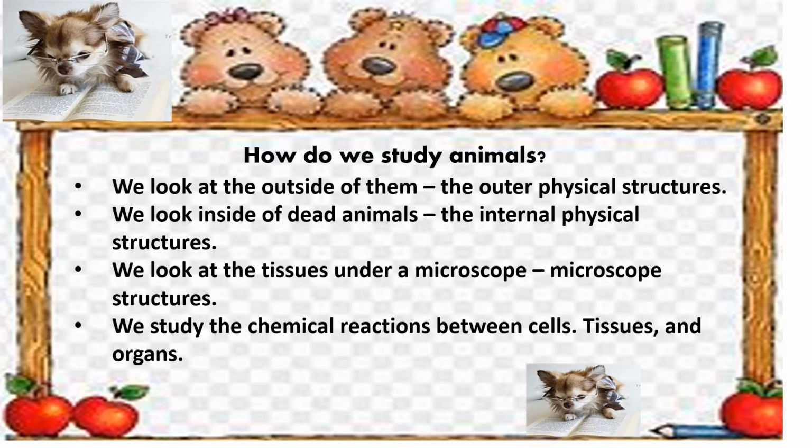Then we look at the tissues under a microscope, that is microscopic structure. And then we study the chemical reaction between cells, tissues, and organs. So that is how we study animals, from the outside then to the inside.